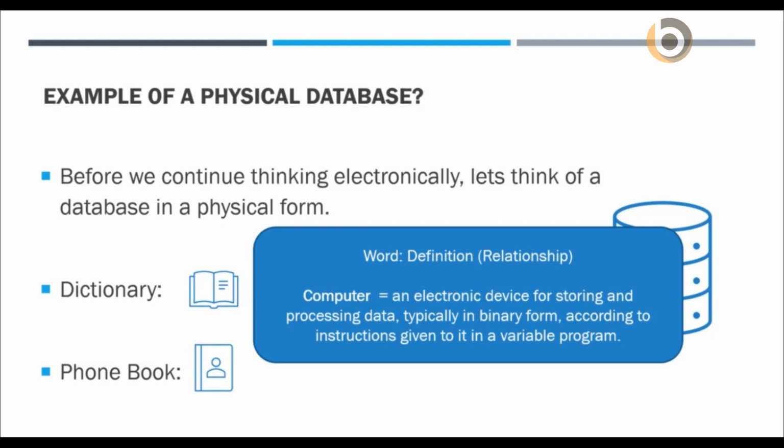For example, you open a physical dictionary to find a word for which you want the definition, such as computer. As you open the dictionary, all words will be listed in alphabetical order, and when you find computer, it will say: an electronic device for storing and processing data, typically in binary form, according to instructions given to it in a variable program.